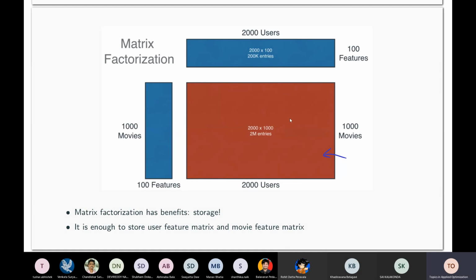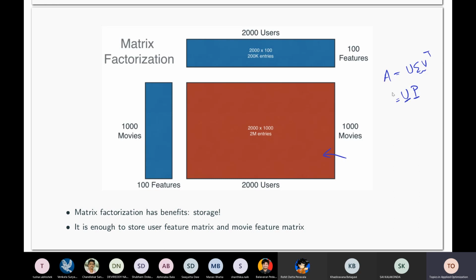Now the challenge is not whether I can factorize this or not. I can do this because given a matrix A, I can do SVD, so U sigma V transpose, and I can observe sigma here. So I can have a matrix like U, and let us say this other matrix is some P matrix. So it is possible for me to factorize a matrix using SVD into 2 matrices like this.